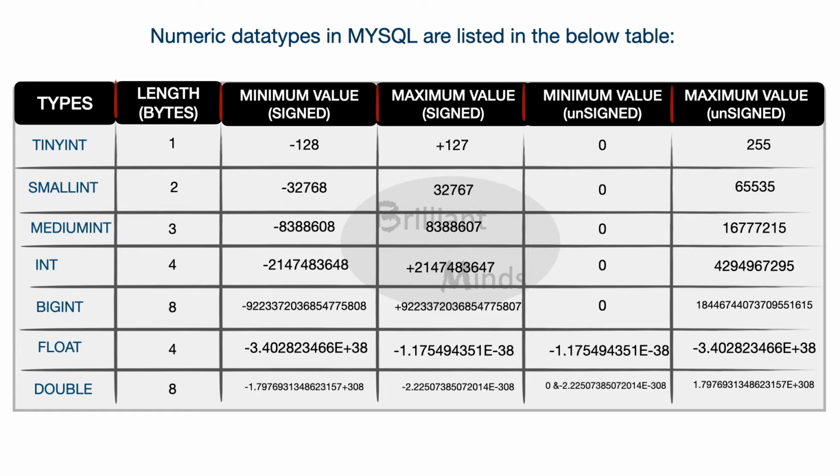Depending on the range, you have to select the data type. For suppose if you take column as age, then what data type you have to select? You have to select tiny int, because our age will be less than 128, it will be in between 0 to 128 or 0 to 255, right? Yes. For suppose if I take mobile number, the range will be what?